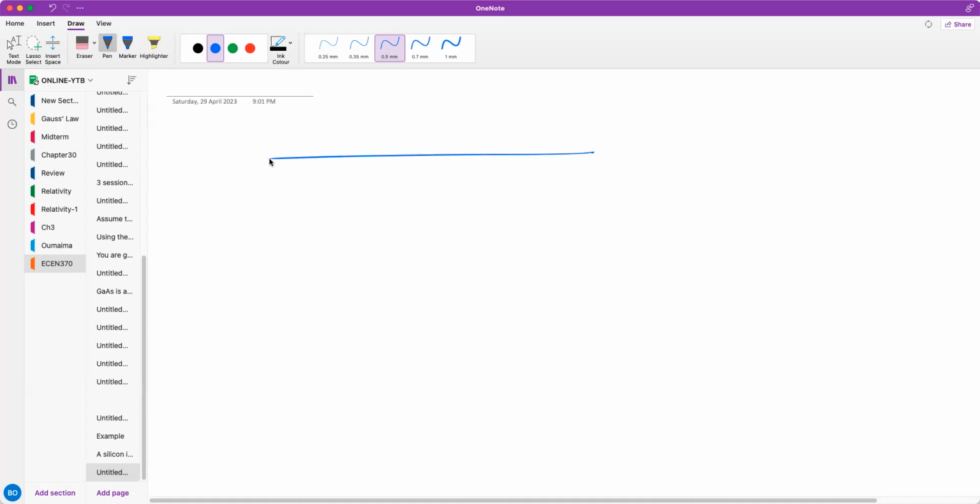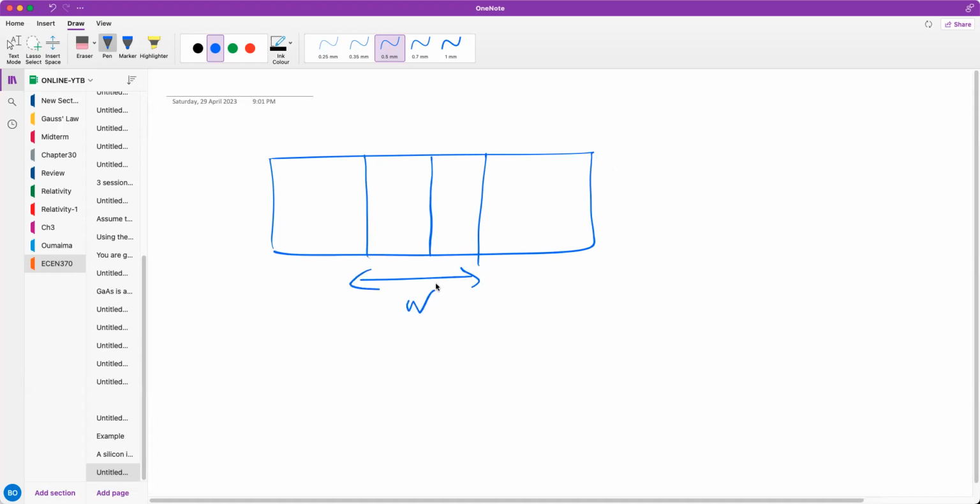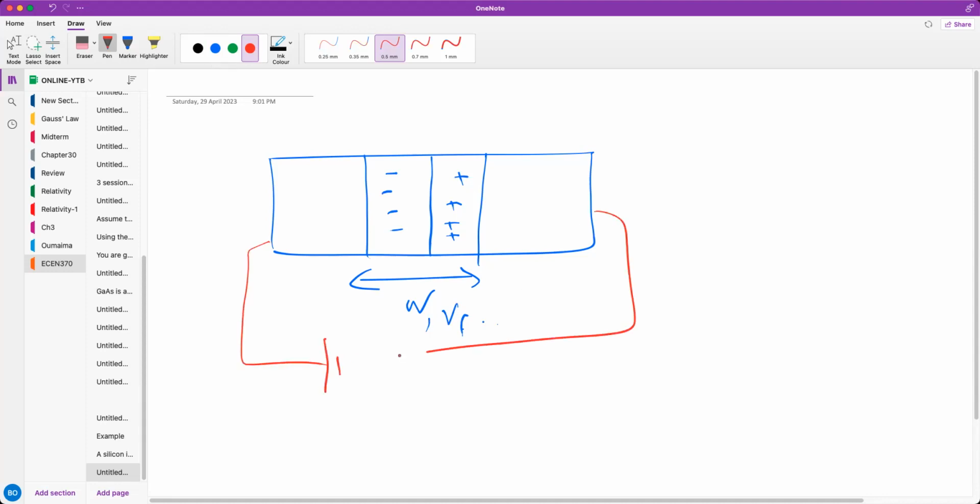Now, let me just show you what I will do in the review session, in the 15 minutes that are left. This is the width of the PN junction. We have electrons here, we have positive charges here. So the width of the depletion region, we have a built-in potential, etc. Now, what will happen if I apply an external potential difference, V external?